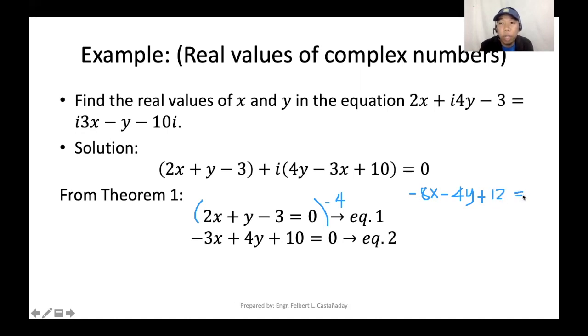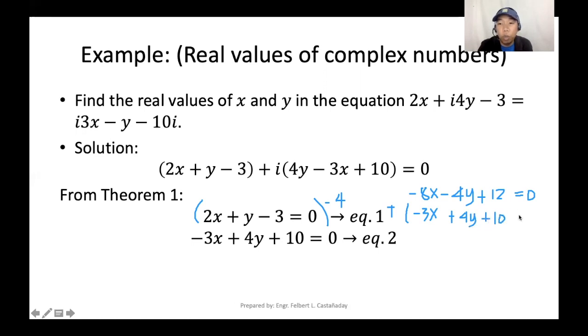Again, you can use your calculator, guys, to solve for the value of x and y. Now we copy equation 2, since we are going to add. So minus 3x plus 4y plus 10.